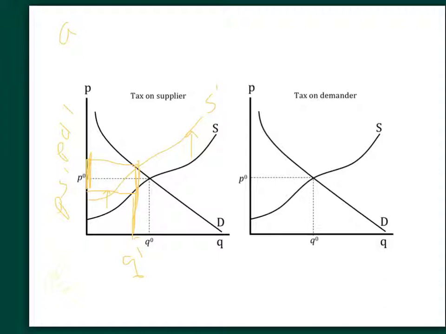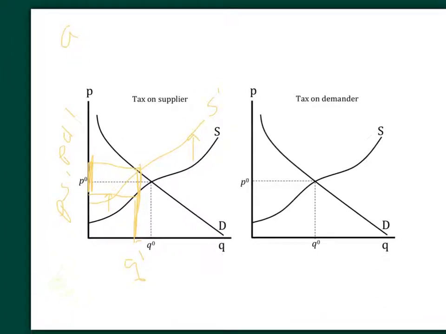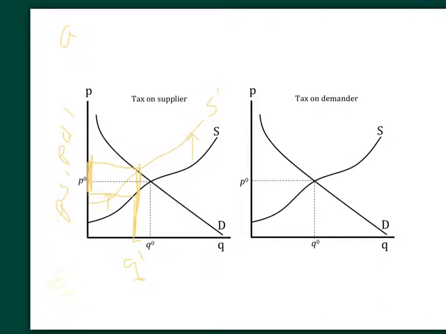On the other hand, if you put the tax on the demander, then for reasons we discussed in lecture, the demand curve is going to shift down by 50 cents in a parallel fashion. So this new demand curve is D prime, and the curve shifts down by 50 cents.